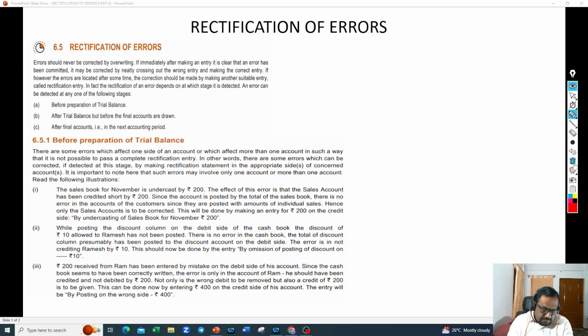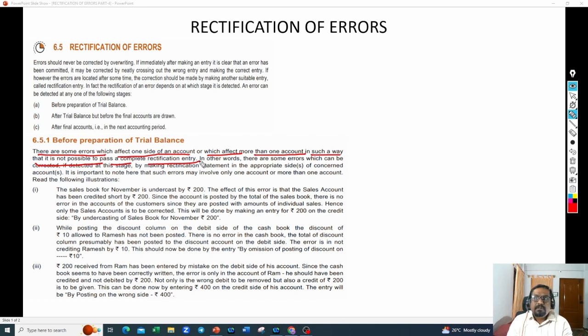Right. First, there are some errors which affect one side of an account or which affect more than one account in such a way that it is not possible to pass a complete rectification entry. What is he trying to say here? There are some errors which will impact only one account or one side.